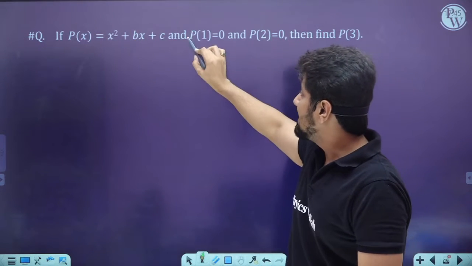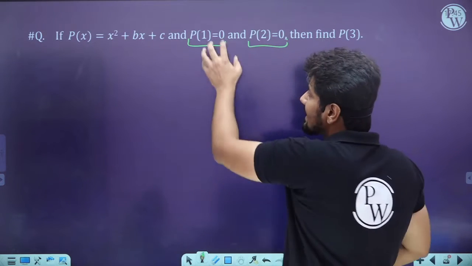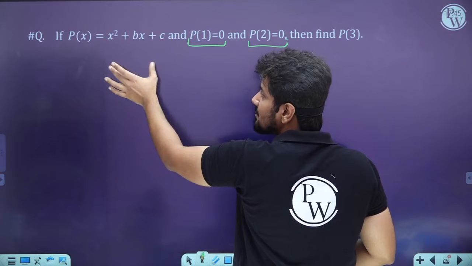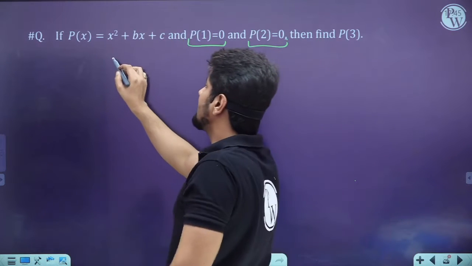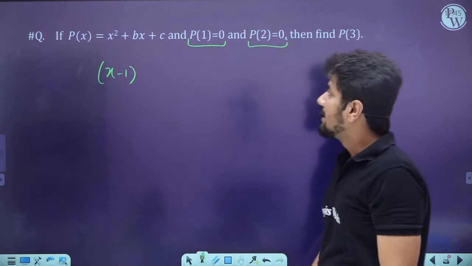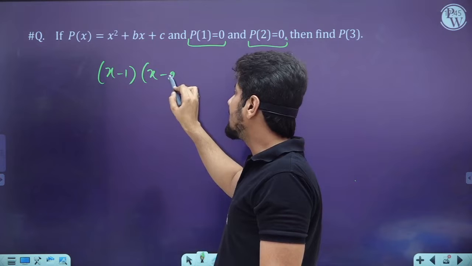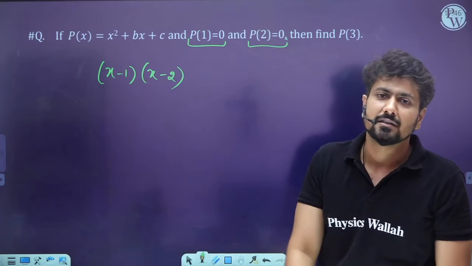I know that at x is equal to 1. Basically, do you understand the meaning of this information? The meaning of this information is that at x is equal to 1, this thing is becoming 0. So I can definitely say that x minus 1 will be a factor. At x is equal to 2, this expression becomes 0. So I can definitely say x minus 2 will be a factor.